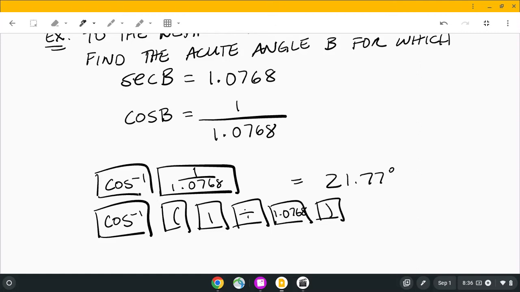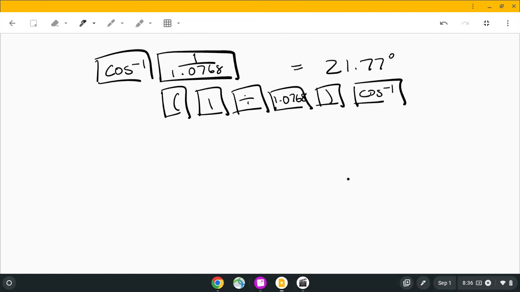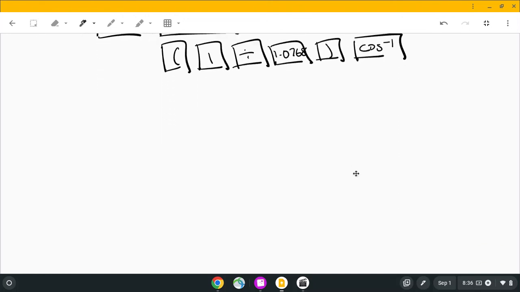Same thing if you have to go the other direction: do this first, put it all in parentheses, and then hit your cosine inverse button. Whether you do cosine inverse first or second, either way, keep it all in parentheses.